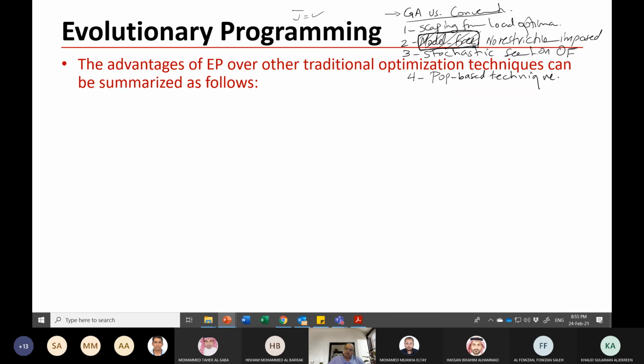So you have some kind of parallelism. You don't have only one solution that you follow, but you are working with 10 solutions, 50 solutions, 100 solutions at the same time in each generation.